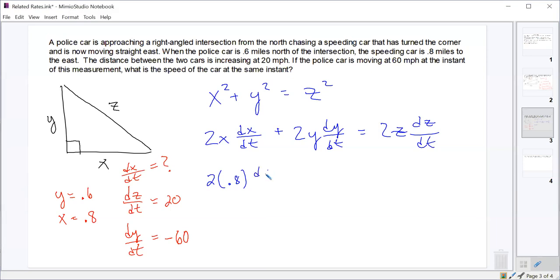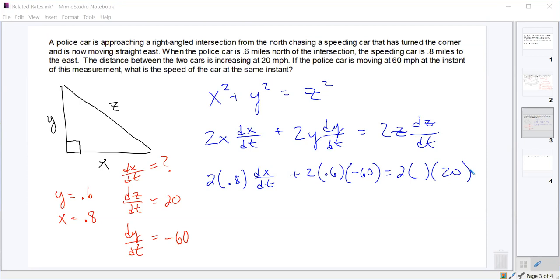So 2 times 0.8 times dx/dt plus 2 times y, which is 0.6, times dy/dt, which is negative 60, equals 2 times z. Now we don't have z, times dz/dt. So if we don't have z, what do we need to do to find z?